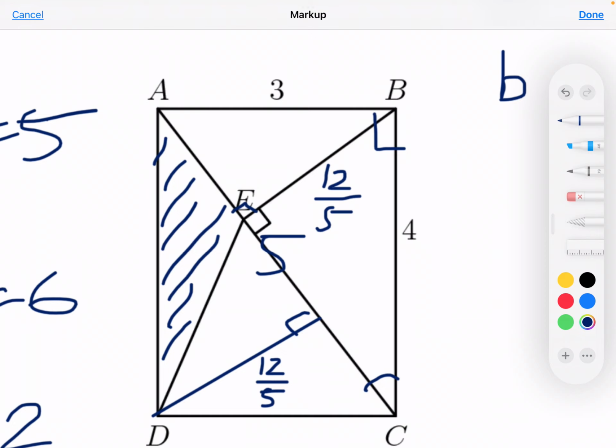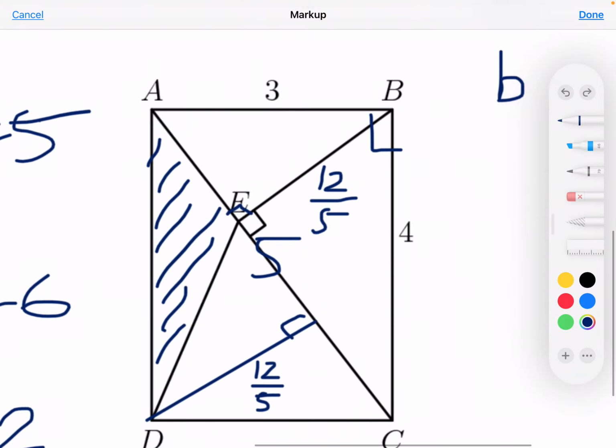Notice this angle and this angle and this one. It is just a rule that whenever an altitude is dropped from the 90-degree corner of a right triangle, the other two triangles are similar to the bigger original one.